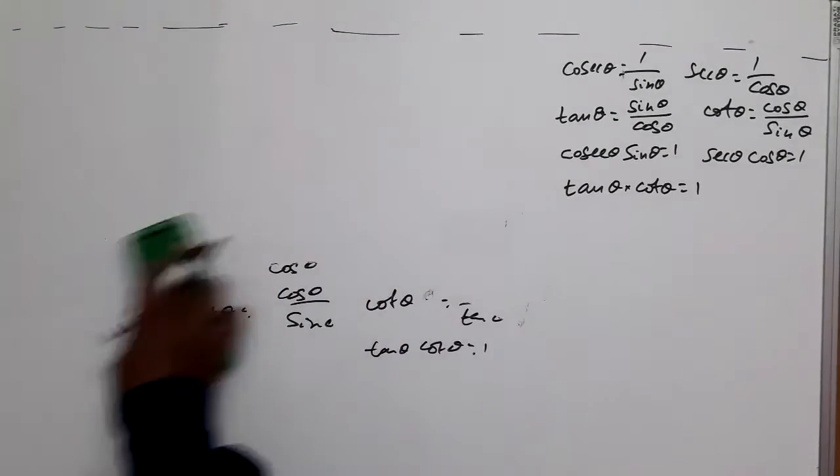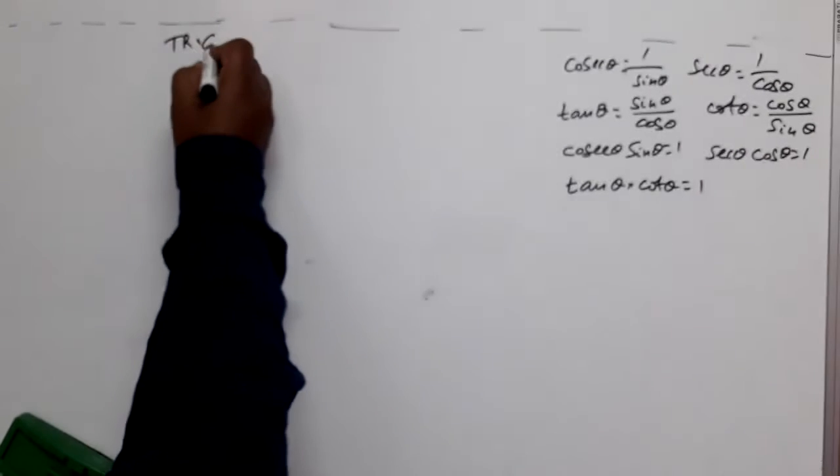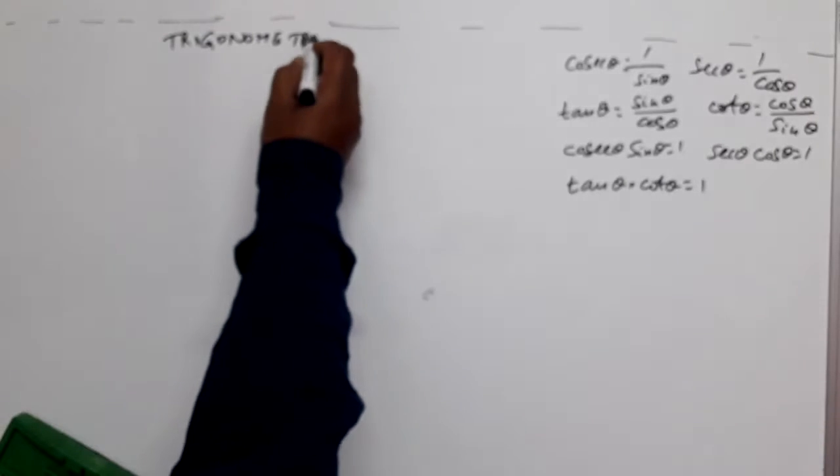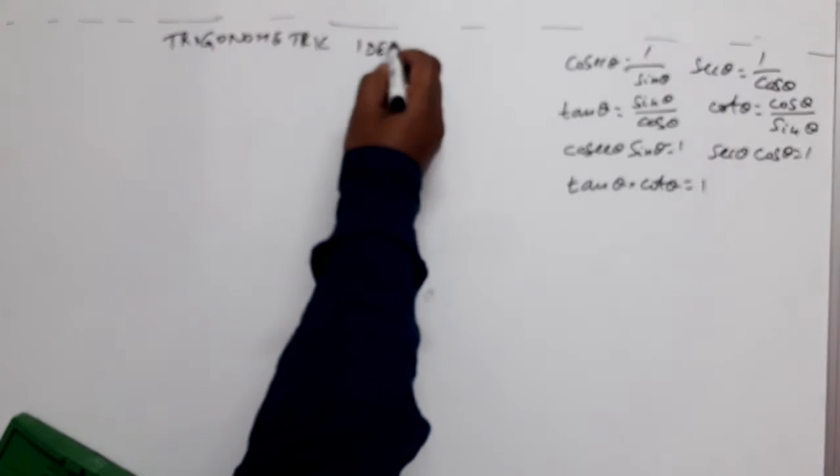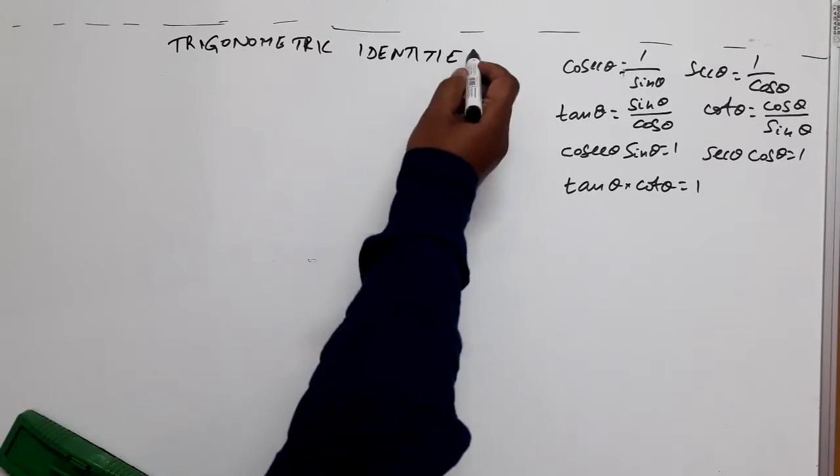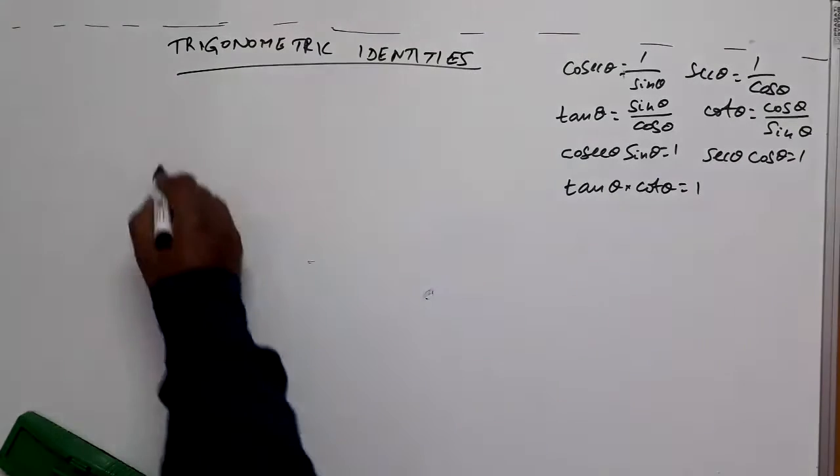See, we have three trigonometric identities. See, what are they?